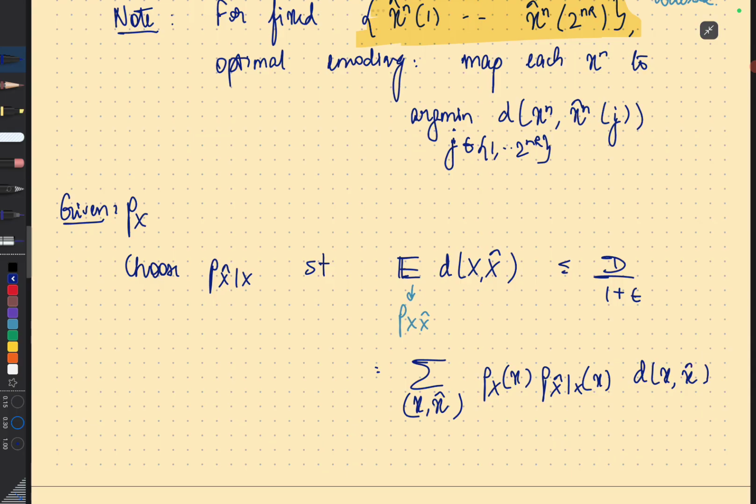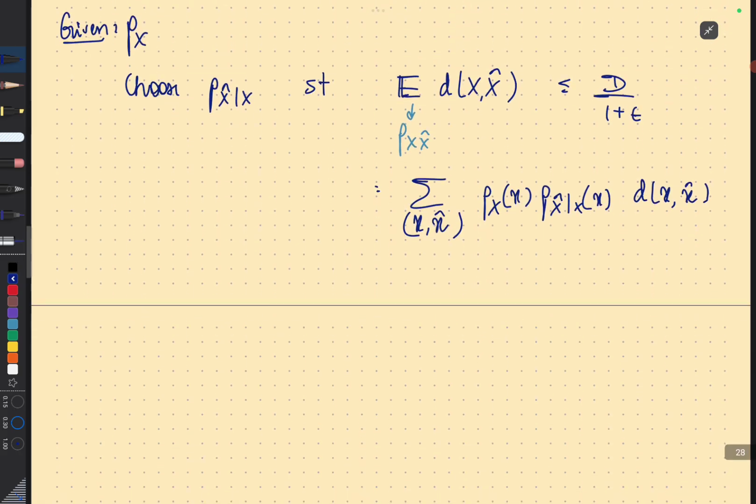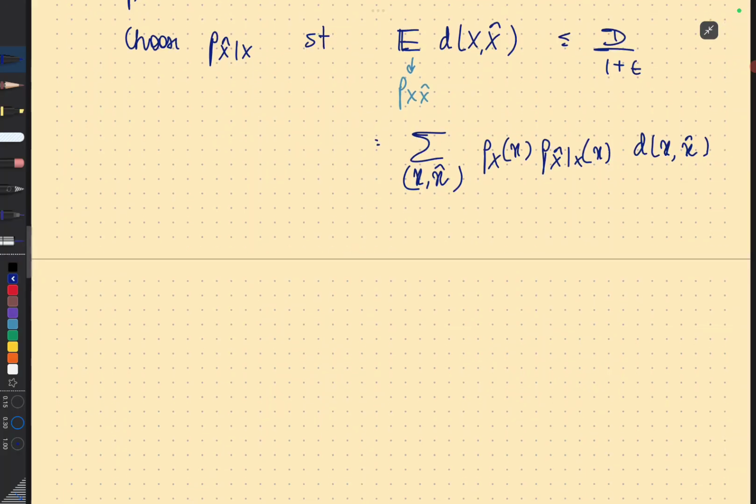Okay, so this quantity should be less than or equal to capital D divided by 1 plus epsilon. Okay, you pick any Px hat given x that satisfies this property. Later on, we'll try to optimize over the Px hat given x also, but for now, let's pick one such Px hat given x. Now, corresponding to this Px hat given x, there is a corresponding marginal distribution Px hat.